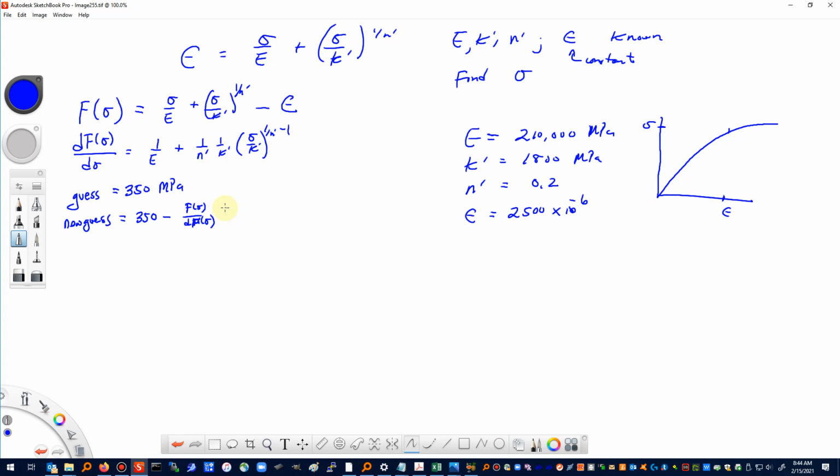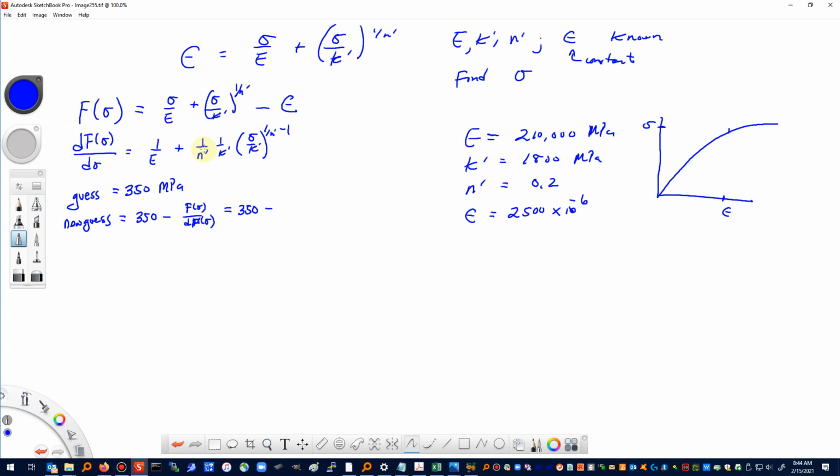Alright, so I need to find the F of sigma value. So I'm going to plug in these. I'm going to do this one by hand, and then I'll switch over to a spreadsheet.